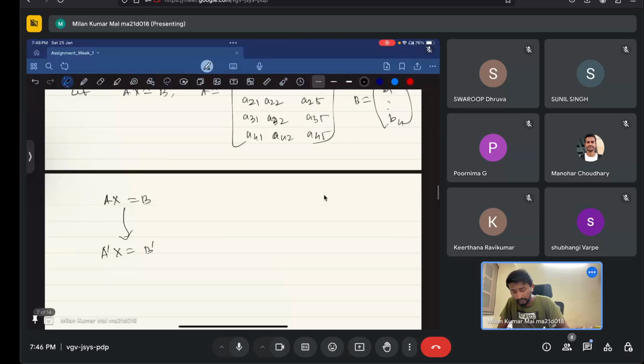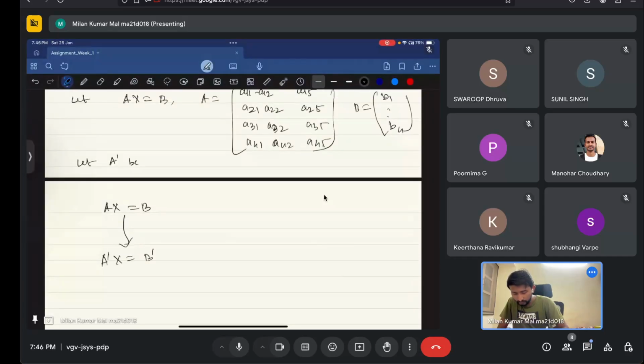Let A dash be the row reduced echelon form of A. This is unique.